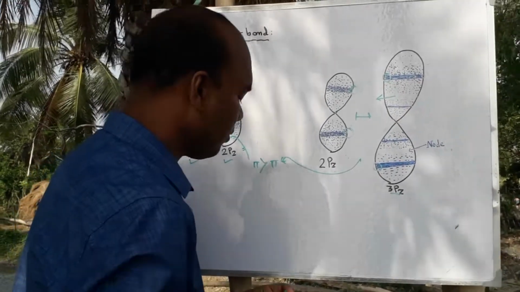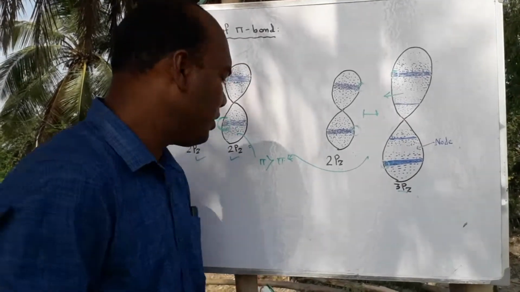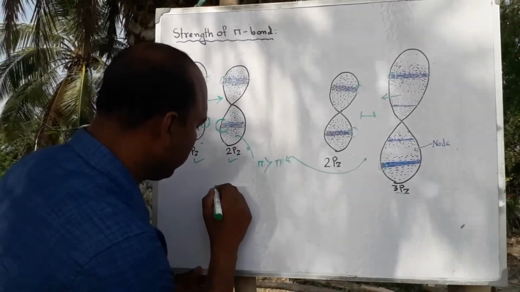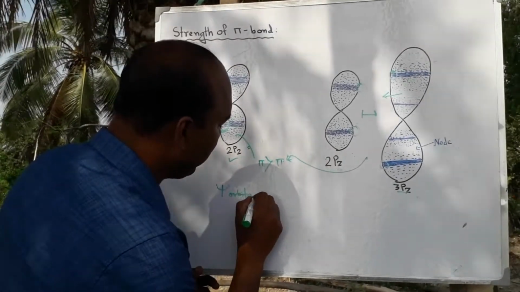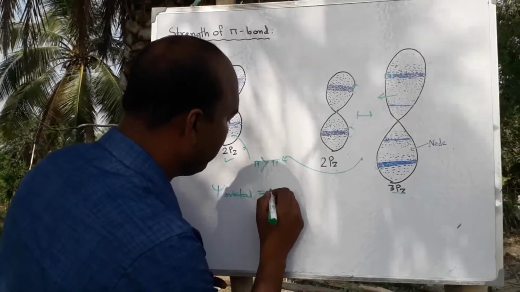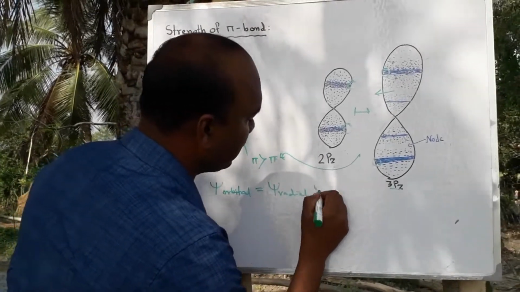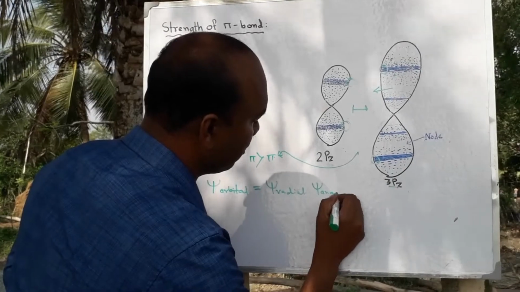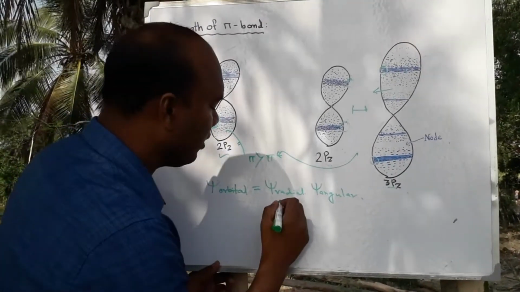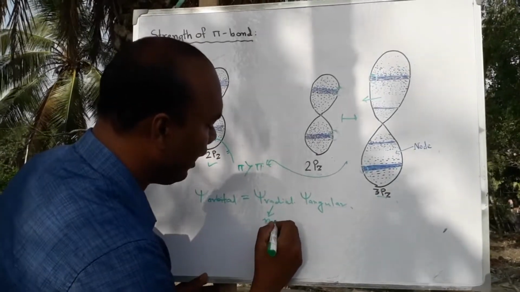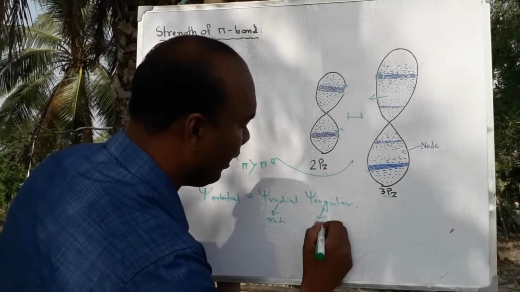Okay. Here I would like to mention another thing, that is, psi orbital can be expressed as the product of psi radial and psi angular. This part depends on quantum numbers n and l. This part depends on quantum numbers l and m.